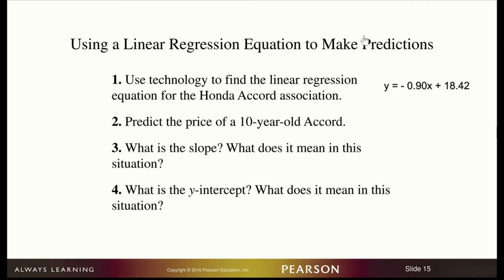So we have y equals negative 0.9x, where x is going to be the age. So here we're going to replace that with 10, plus 18.42. Now all we have to do is calculate that.